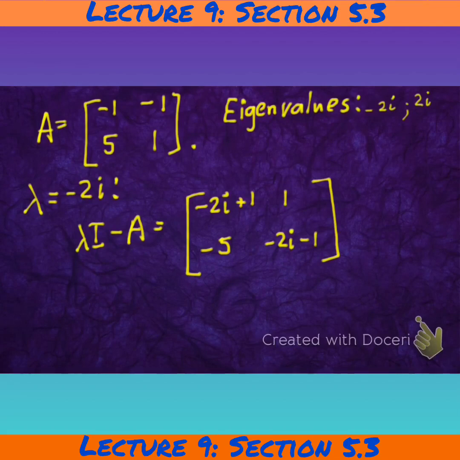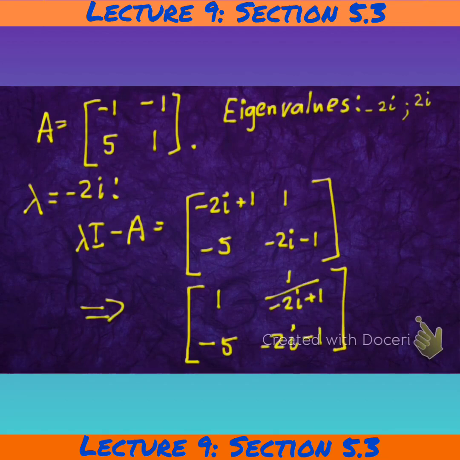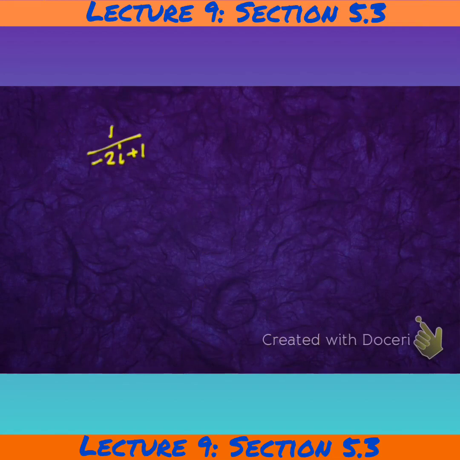And again, we look at the null space of that matrix. So let's go and reduce it. We make this term a leading one, and therefore we just have to look at what this term is equal to. Okay, so we look at that separately.